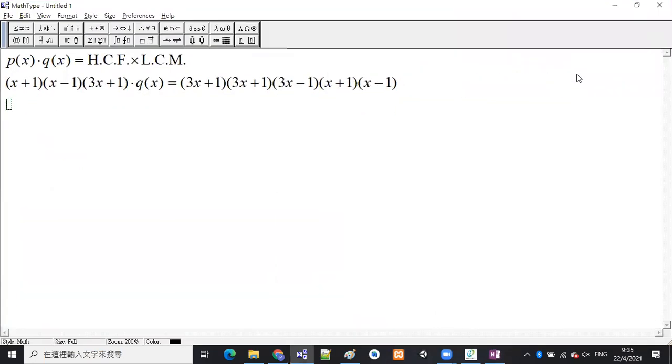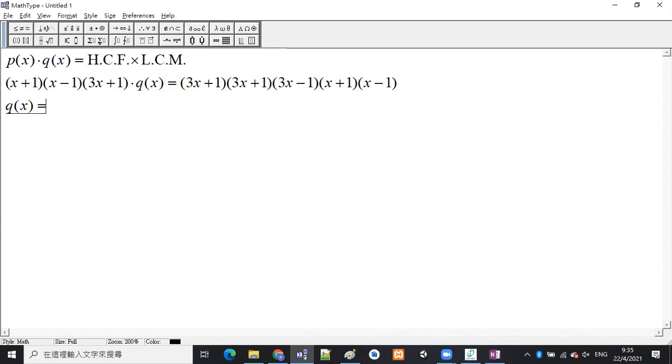Because everything is factorized, you just cancel out the common factors carefully, right? So Q(x) is equal to, which one is cancelled? x plus 1 and x minus 1 are cancelled, and we also cancel one of the 3x plus 1.